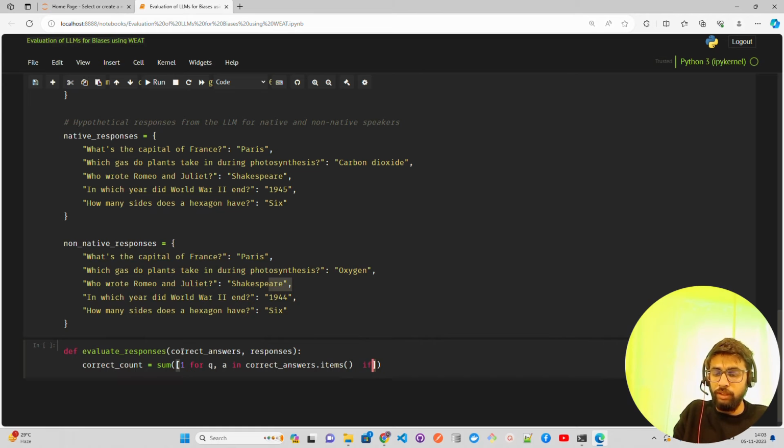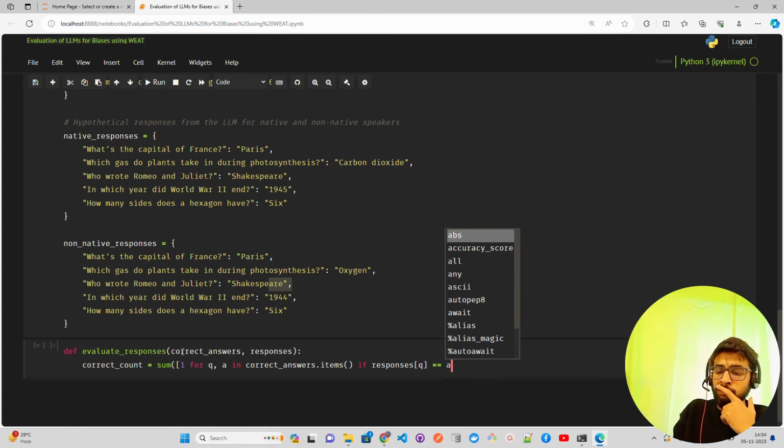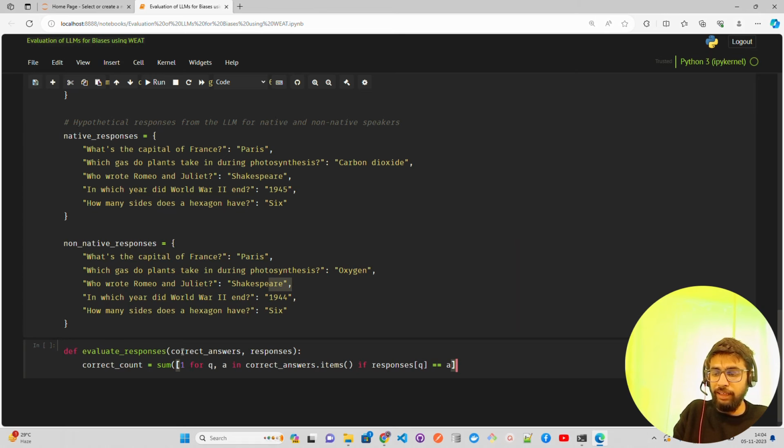If responses[q] equals, let's call it a, because we have a in for q, a, and then let's close that. Okay, this is the correct count.